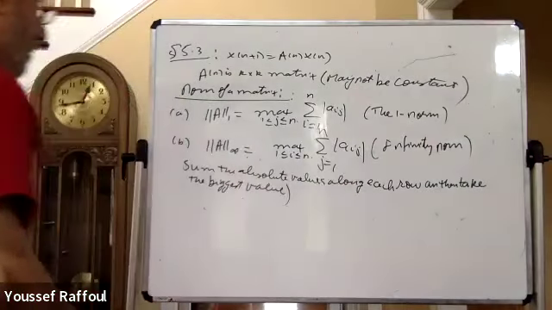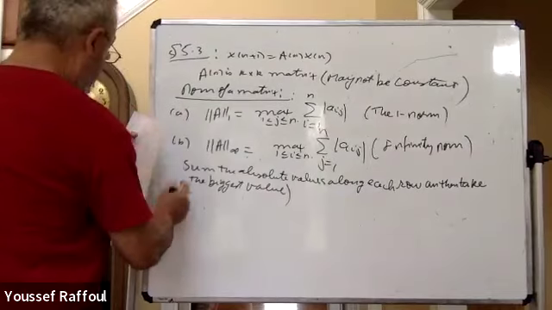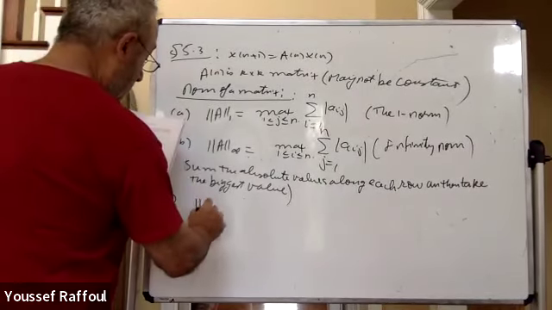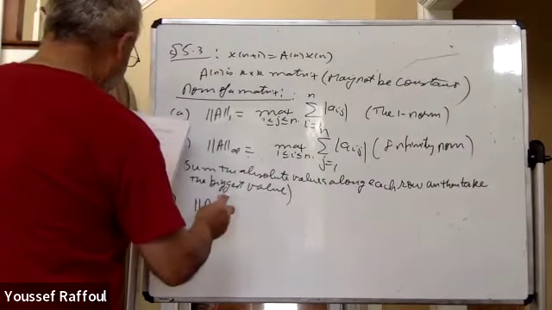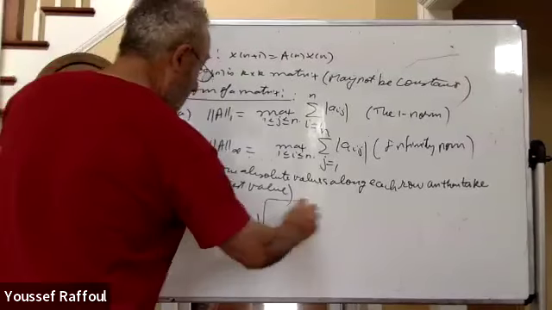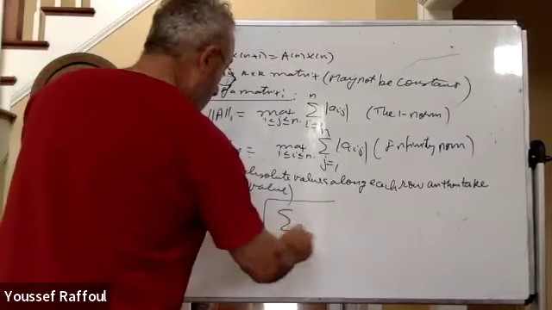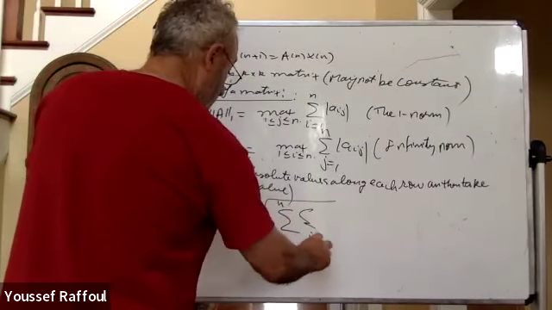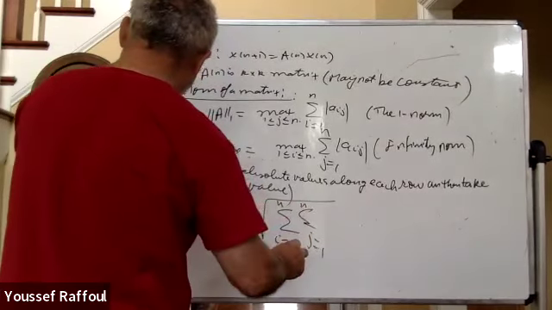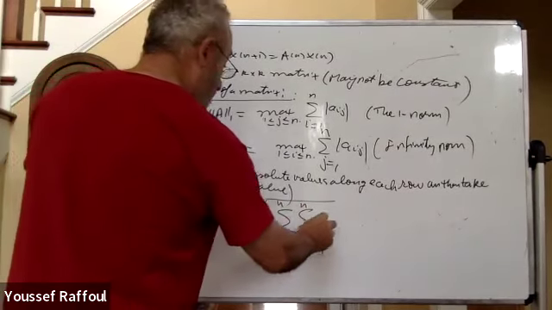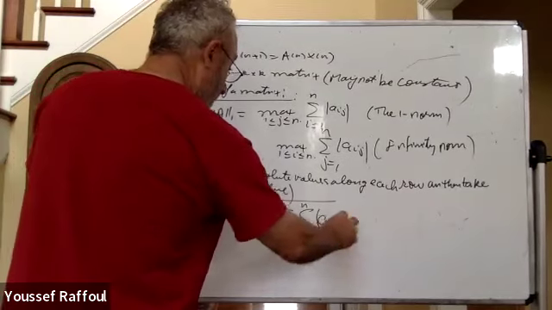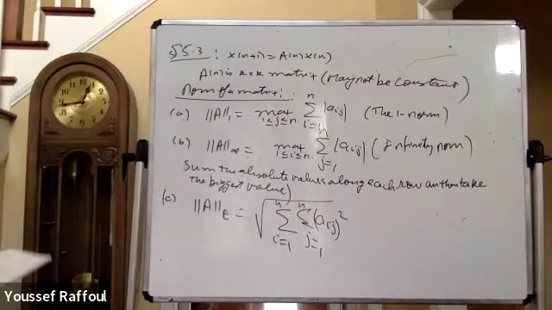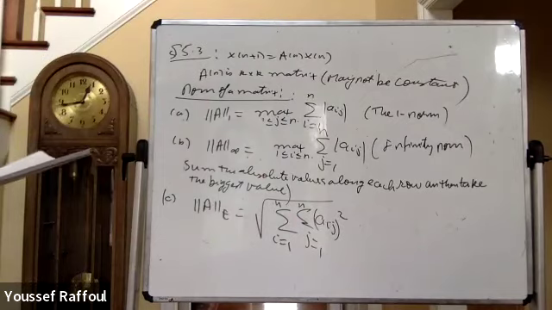And then there's another norm, which is called the Euclidean norm, which is the square root of the sum over i equals 1 to n and j equals 1 to n of aij squared. So what we're saying is you take the square root of the sum of the squares of each entry. Okay? All right.